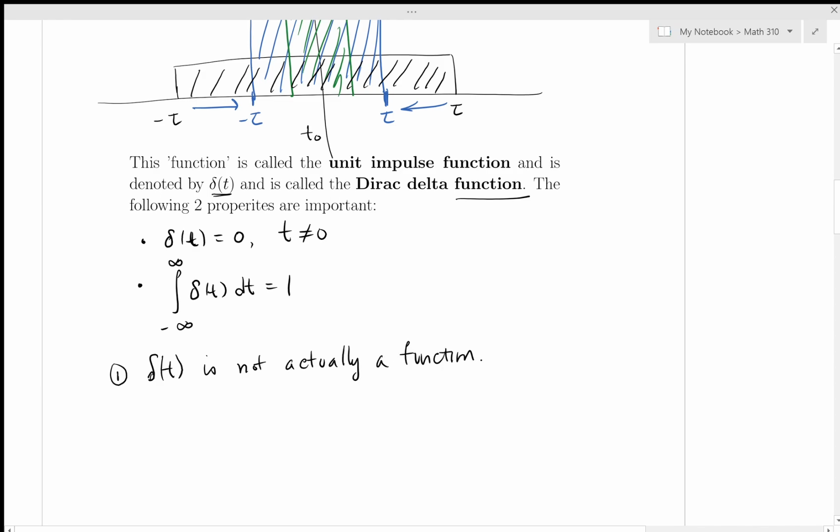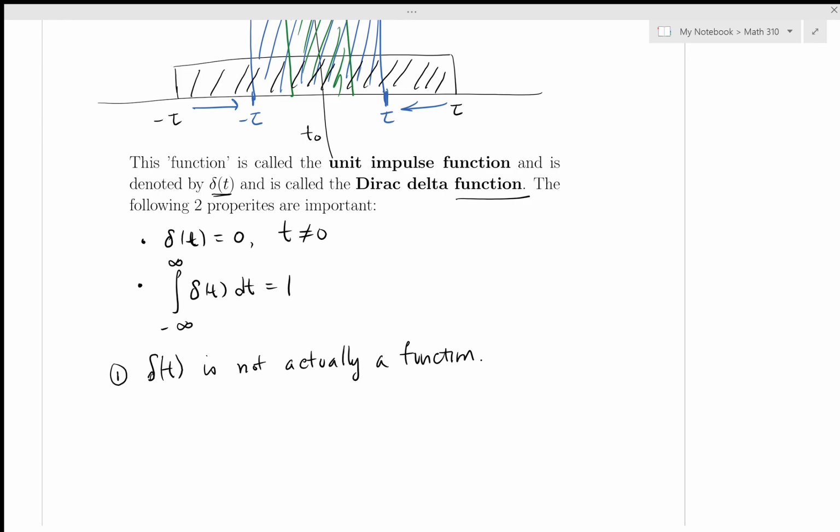It's a generalized function. Sometimes we might see this being called a distribution. It can be put on a rigorous footing, but sadly we're not going to do that here. We just have to accept that we can use it in the manner that we are, with it not being properly a function, but nothing is going to go wrong when we apply our calculus tools to it.